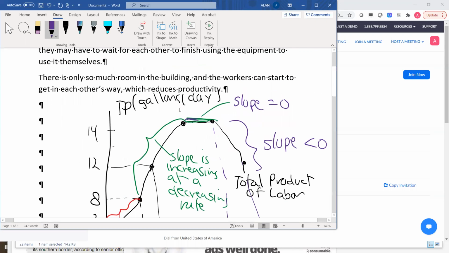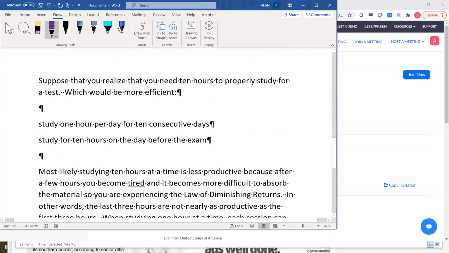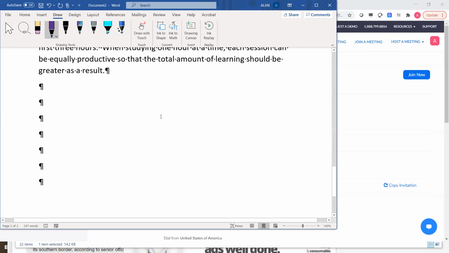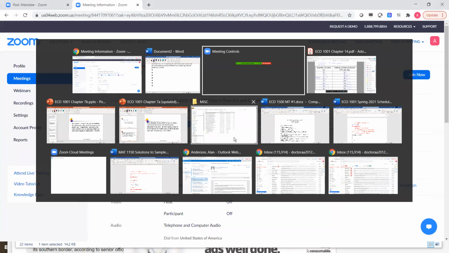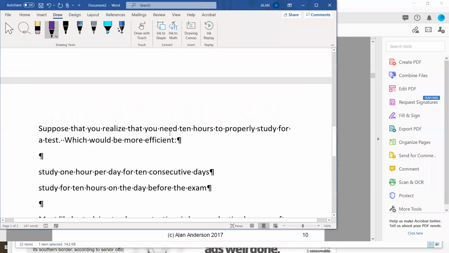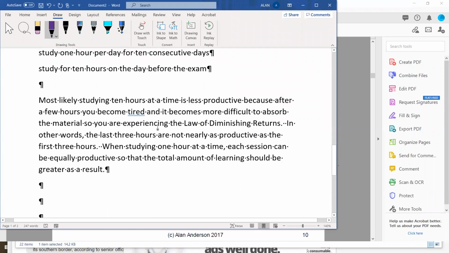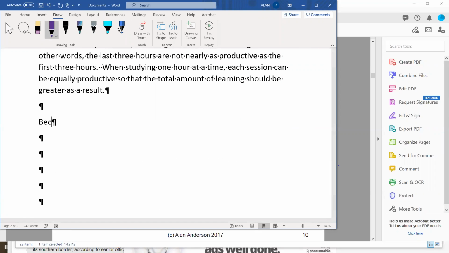Now, here, this is different because we're looking at physical productivity, but you run into the same problem where the more people you try to add, the less and less extra value you're getting from each one. Now, this implies, here's the situation: firms will experience the law of diminishing returns.